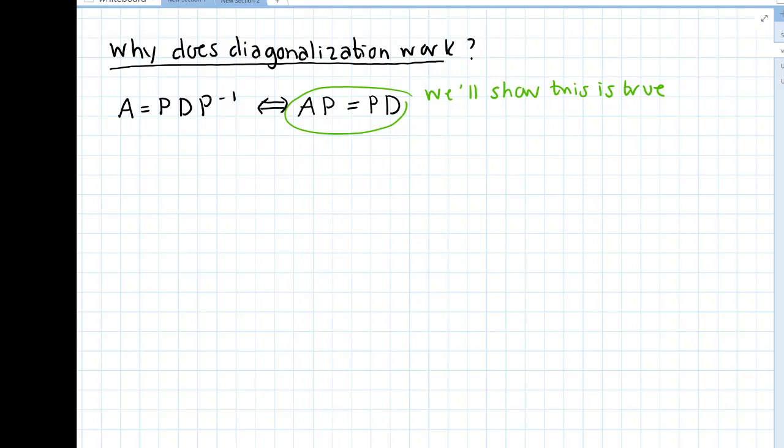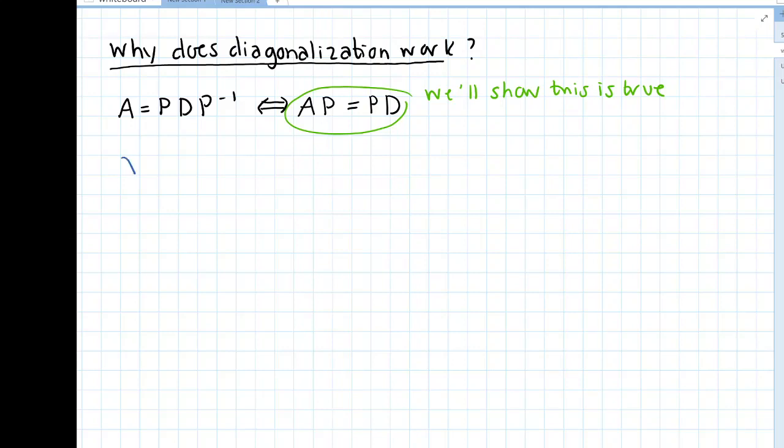Okay, so the way that we've defined these matrices, the matrix P is supposed to have all of the... actually, maybe even before we do that, I think if we state this first, it might come across more easily. Let's think back to what it actually means to have an eigenvalue and an eigenvector.